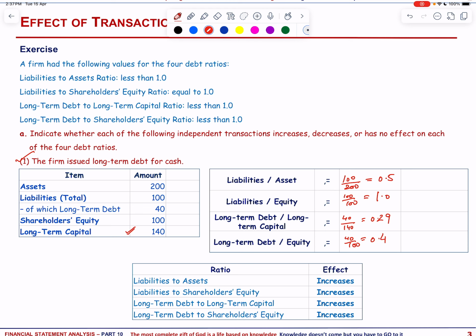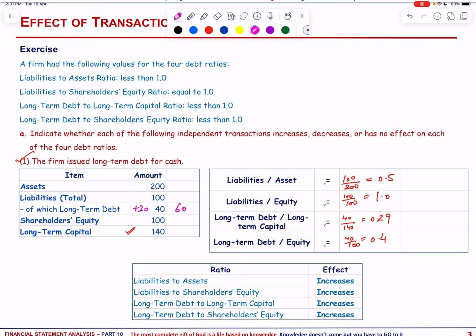Now, let us assume that the firm issues 20 of long-term debt. So the long-term debt is increasing by 20, so the total is going to be 60 now in this situation.